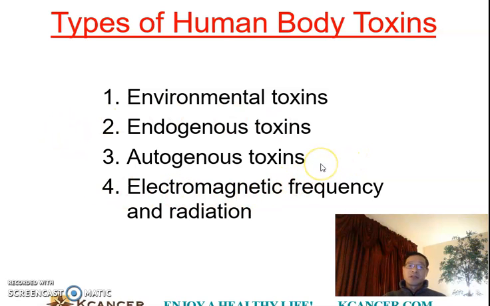People may be confused: I don't ingest any toxin from outside, so why do I have toxin in my body? Why do I need detox? The reason is that in the normal situation, our bodies continuously generate toxins. This is called autogenous toxin.